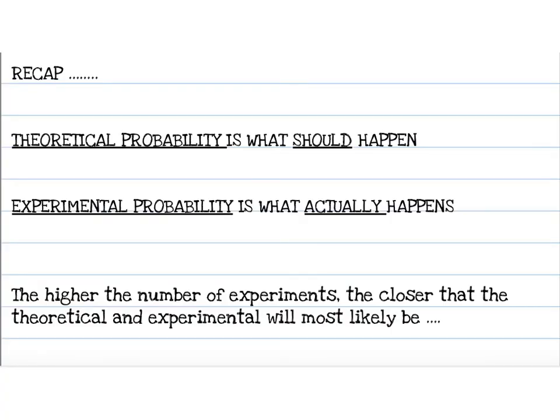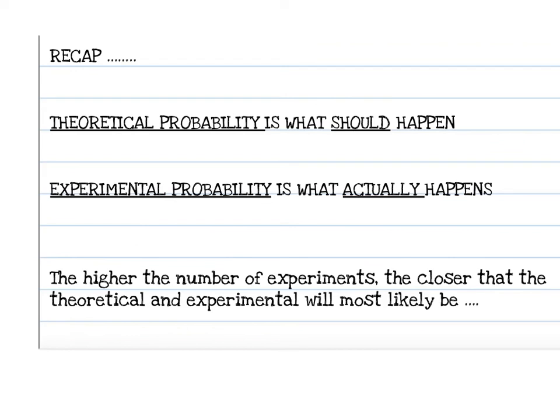So just to recap, theoretical probability is what should happen. So theoretically, if I flip a coin, I should get heads half the time, tails half the time. Theoretically, if I roll a dice, I should get a 1 1/6 of the time, a 2 1/6 of the time, a 3 1/6 of the time, and so forth.